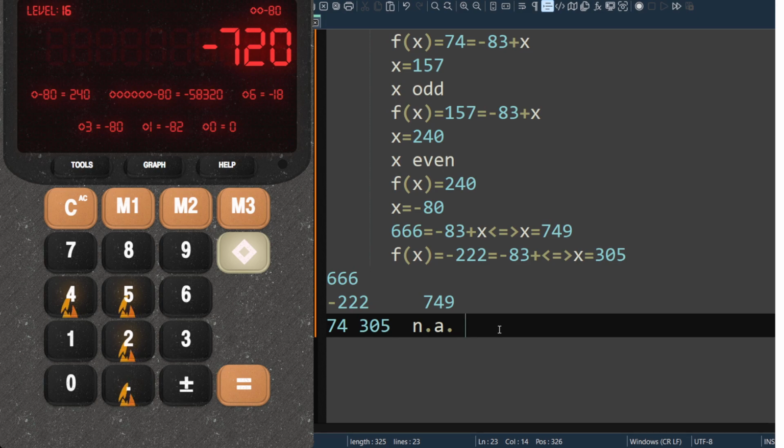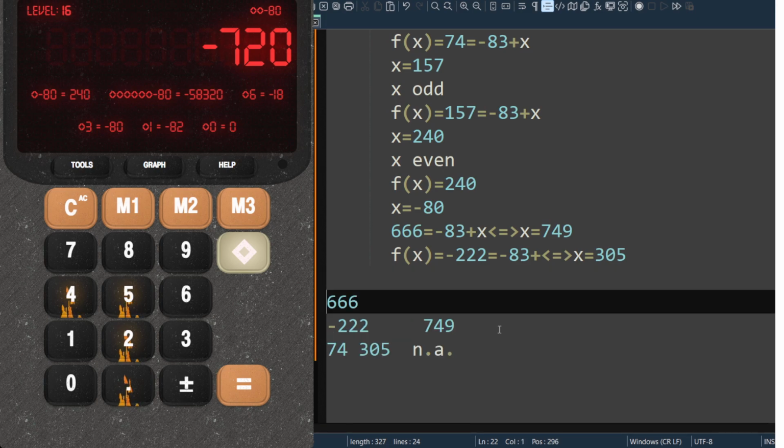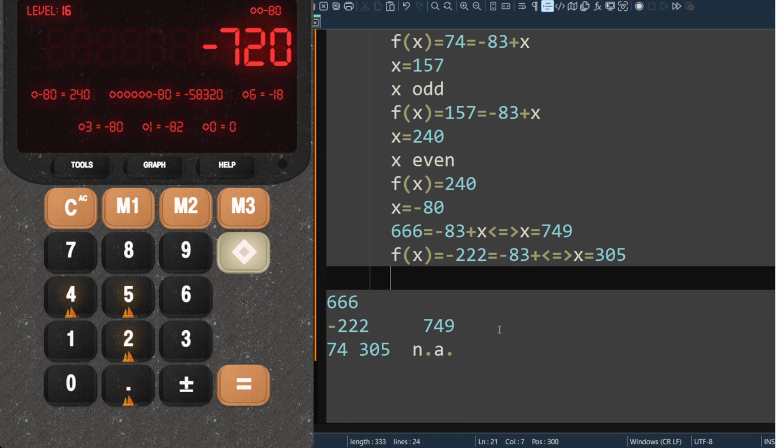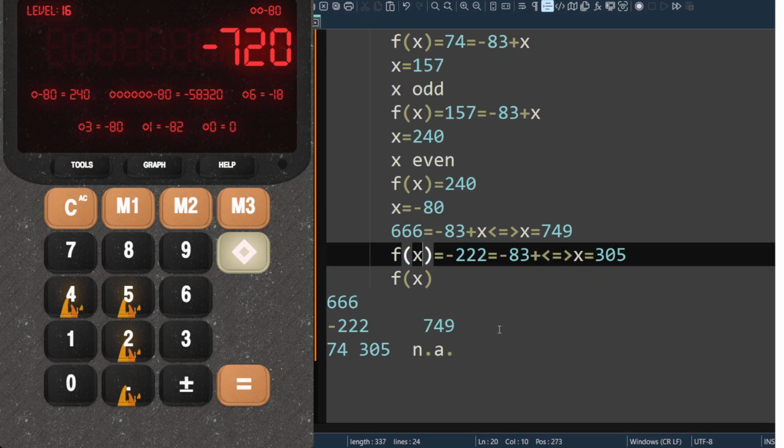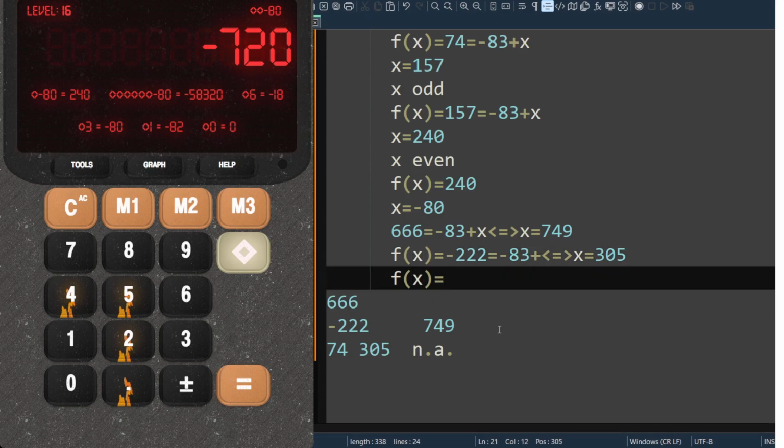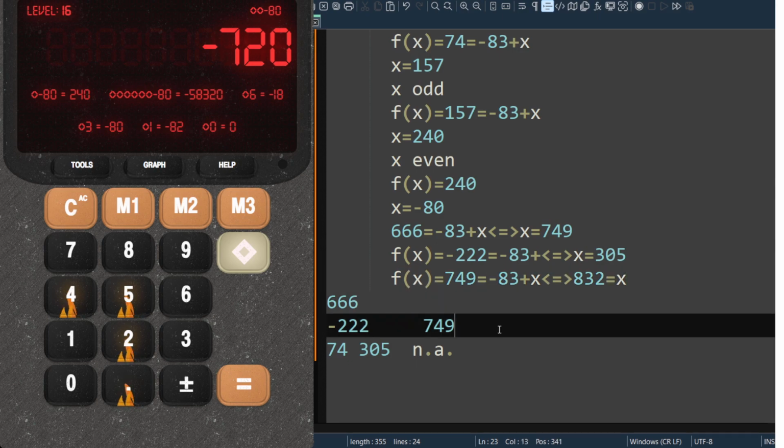Okay, and the odd solution of this thing, what's the odd solution? f of x equals 749 equals minus 83 plus x, which is equivalent to 832 equaling x.